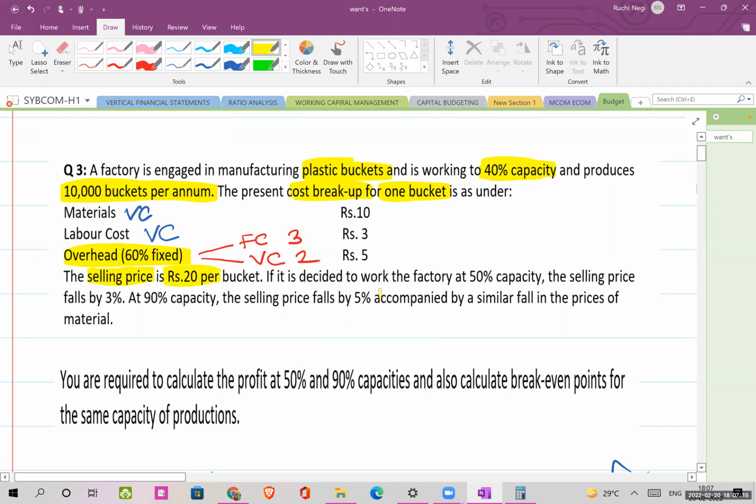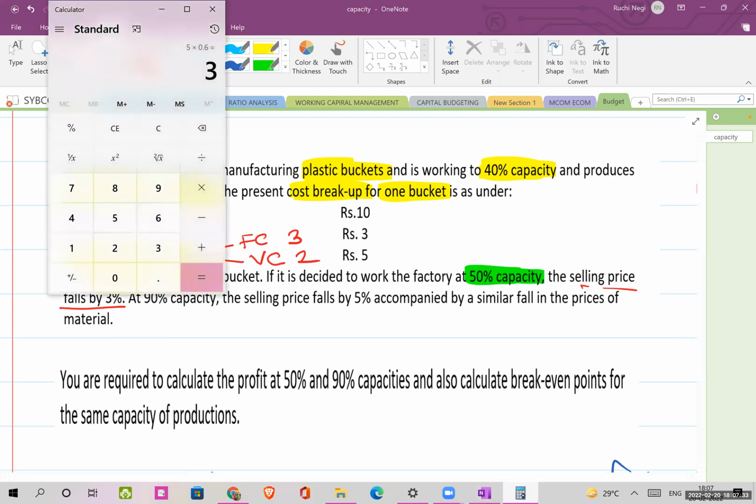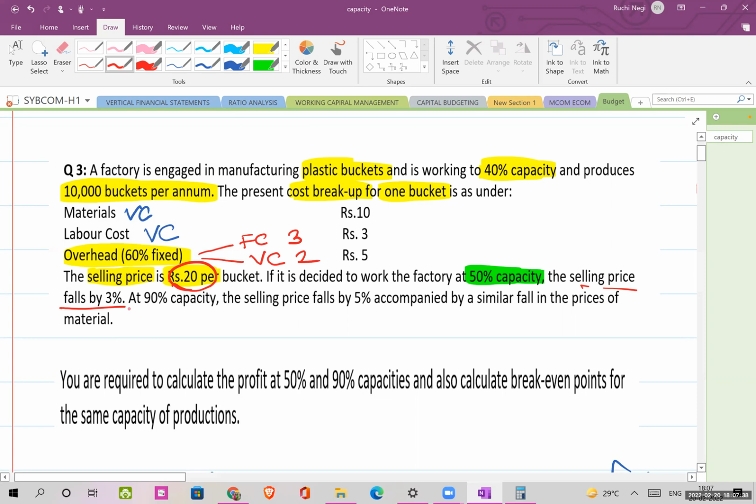If it is decided to work the factory at 50% capacity, so they are planning that the factory should be operating at 50 instead of 40, and with this, the selling price will fall by 3%. So how much is my selling price? 20 rupees less 3% comes to 19 rupees 40 paisa.